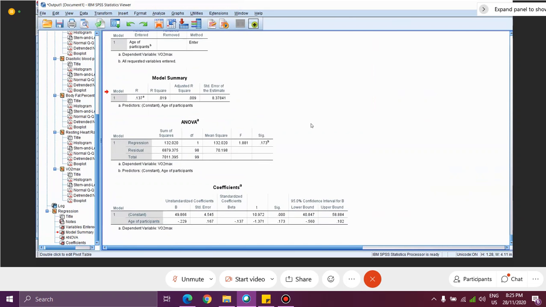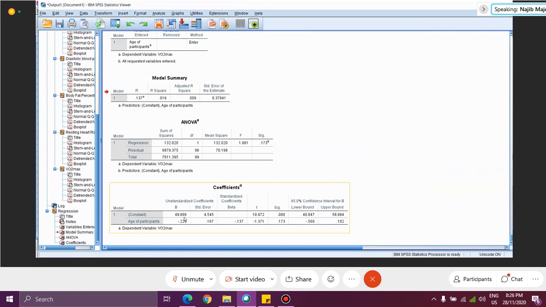Okay, so again, like simple linear regression analysis, what we are going to evaluate is the importance of this variable, the influence of this variable age towards VO2 max. So we examine the value of beta, unstandardized coefficient beta, and also the p-value for beta.